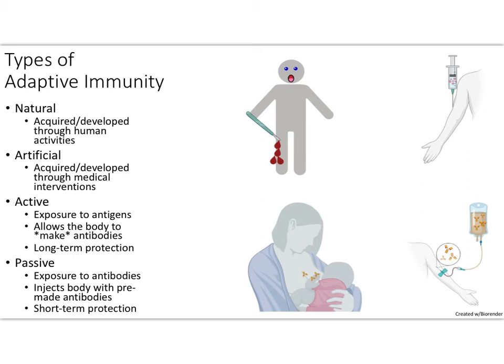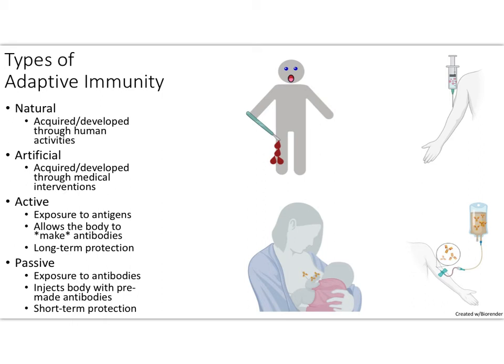So when we're talking about adaptive immunity, we can either have natural immunity or we can have artificial immunity. Natural adaptive immunity is acquired or developed just through normal human activities, whether it is getting a cut or being a developing fetus or a breastfeeding infant, whatever it is, just normal human activities.